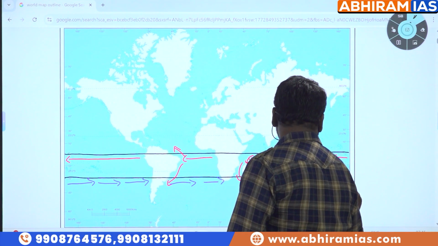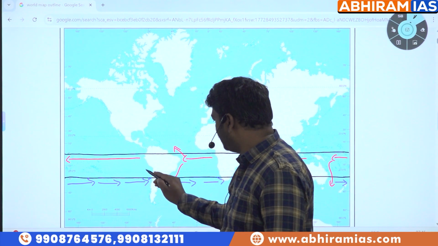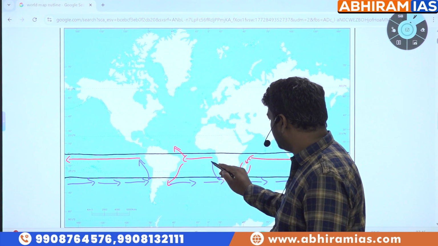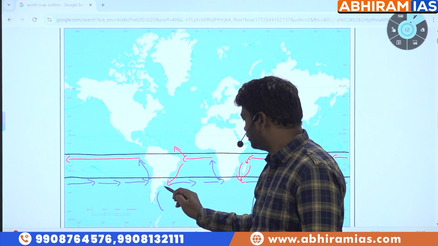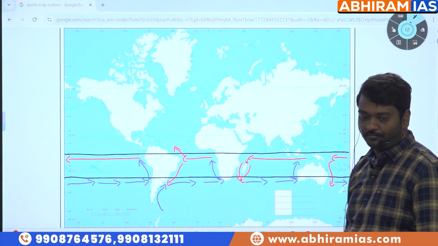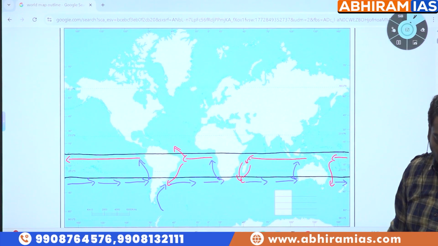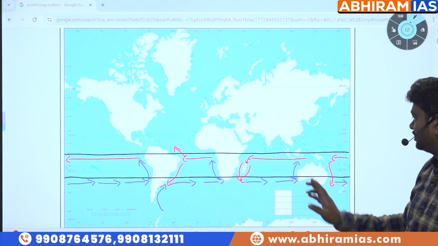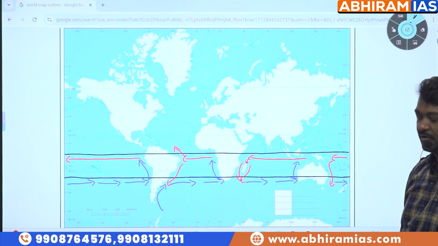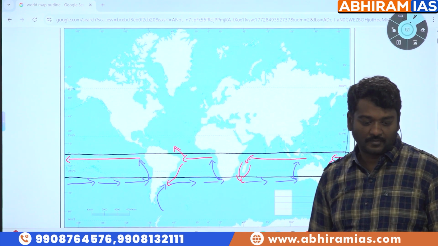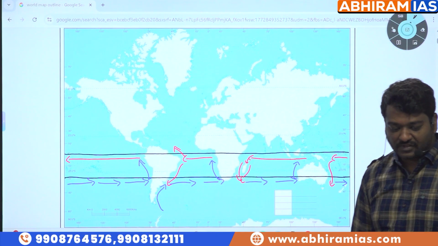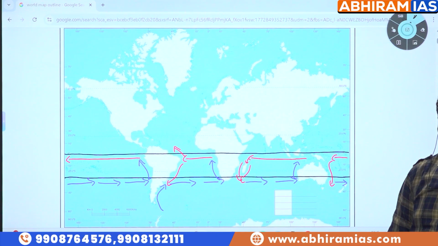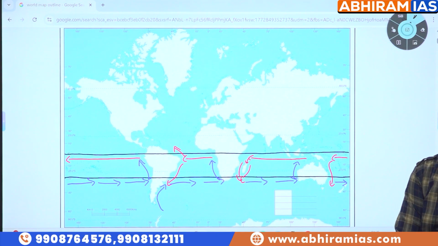Did you get the atlas, like plain world maps? Draw this. Draw the equator first. Next time also, whenever you revise or practice ocean currents, you should draw and revise.